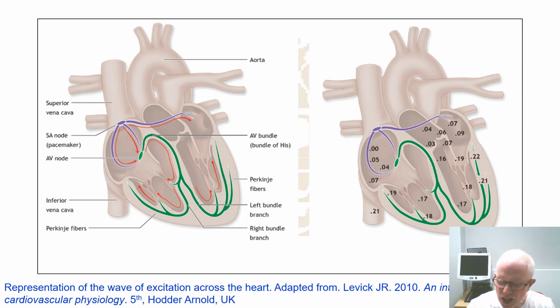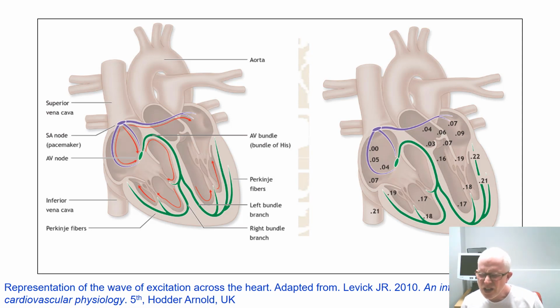But at the same time, you can also see that we've got the AV node being engaged at the same time frame. So at 0.04, it's not just that we've got a vertical innervation, we've got a horizontal innervation as well. And then what we're not really showing on here is that three-dimensional aspect, which is the z-axis as well. And then you get the descending wave of excitation across the heart.